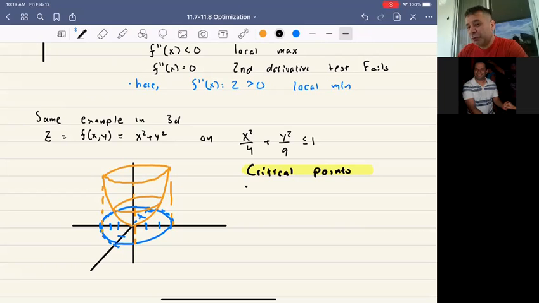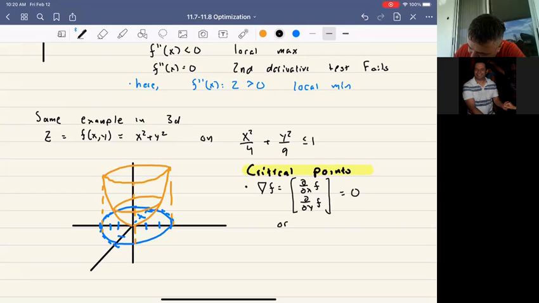But now, instead of derivative, we're gonna use the gradient. The gradient of f is, of course, the partial with respect to x of f, partial with respect to y of f. Either it equals 0 or does not exist.